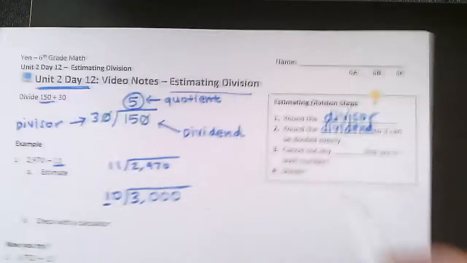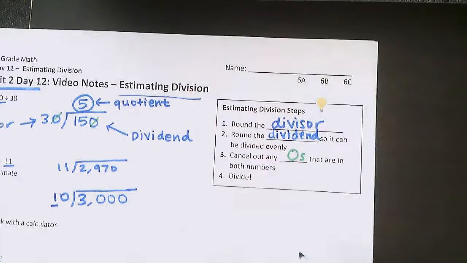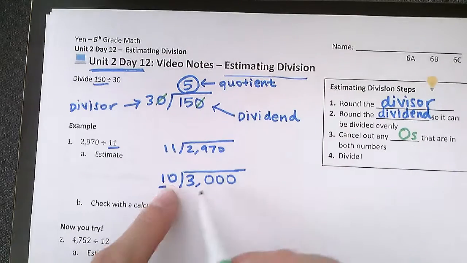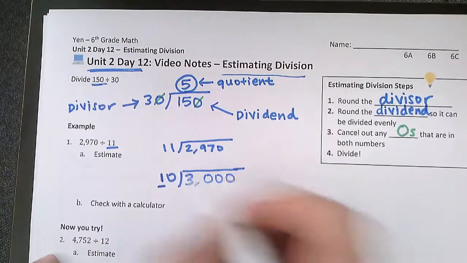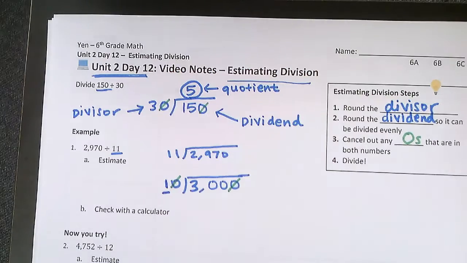The next step is we're going to cancel out any zeros that are in both of the numbers. I have 1 zero here, and I have multiple zeros in my dividend. So I can cancel out 1 zero here and 1 zero there.